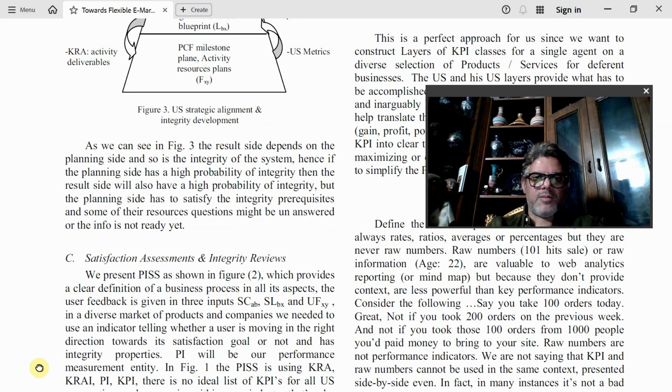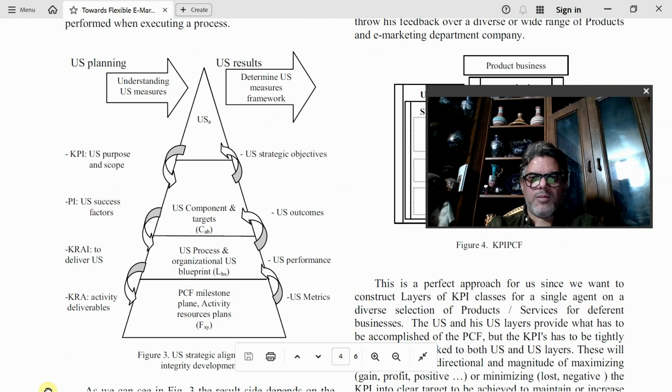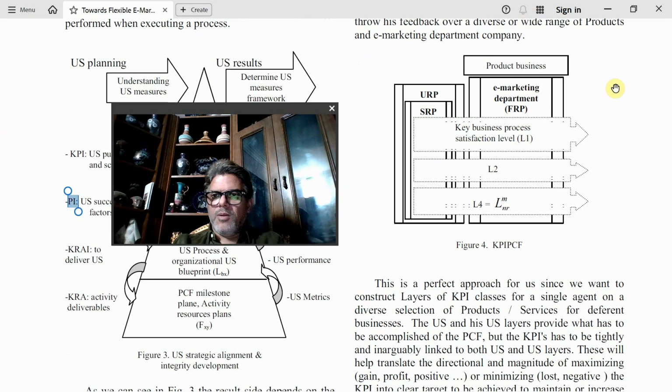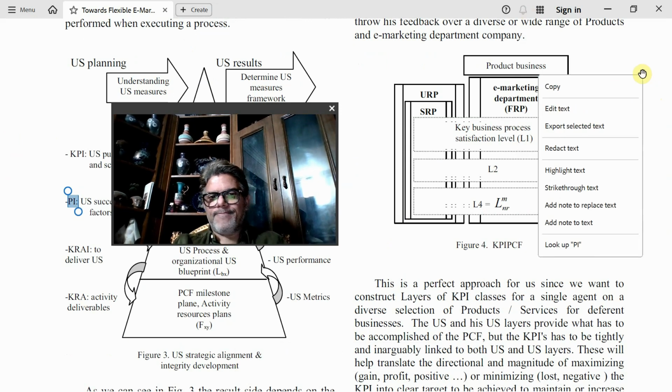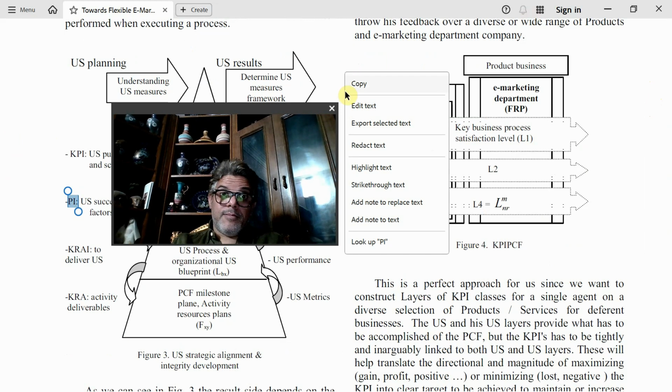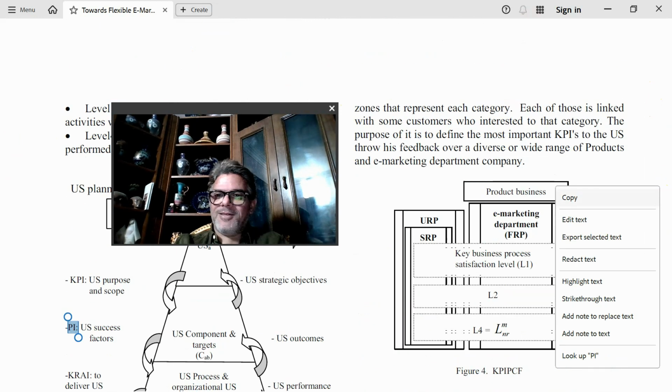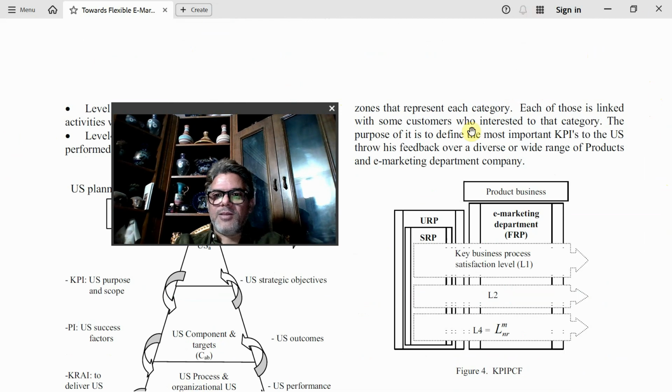Zones represent each category, each of these linked with some customers who are interested in the category. The purpose of it is to define the most important KPIs.